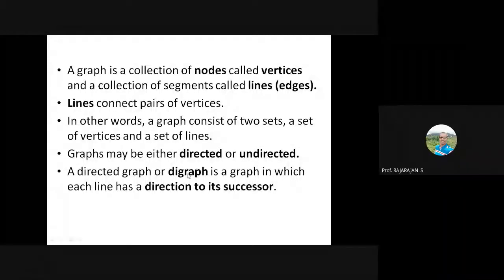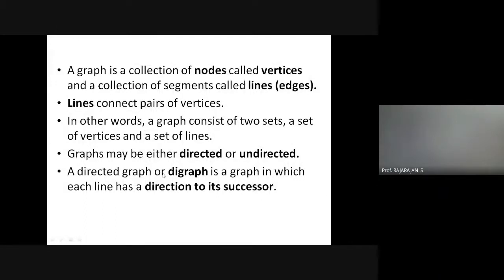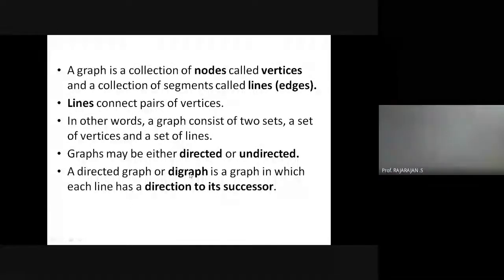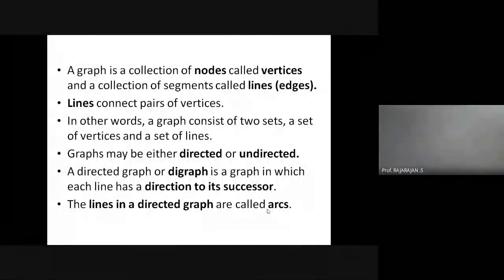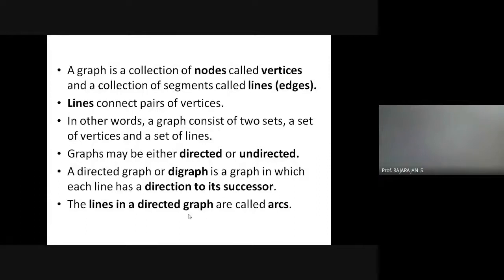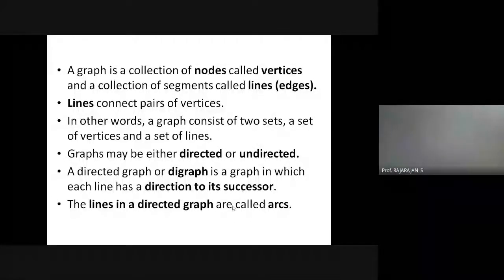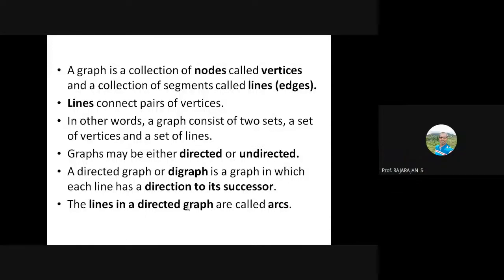It's a terminology: a directed graph is shortly known as a digraph. The lines in a directed graph are called arcs. Again, lines or edges are used to call the connection between two vertices, but when the lines point to one particular side using an arrow, they are called arcs.